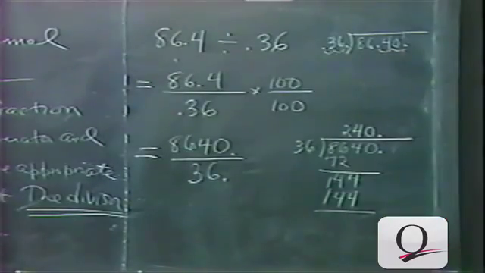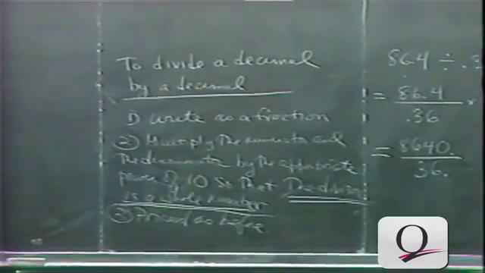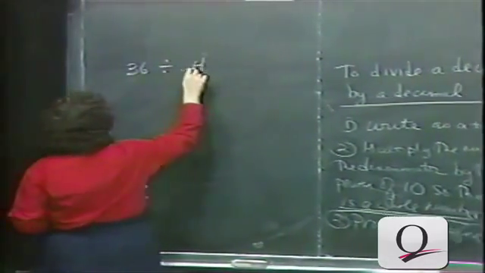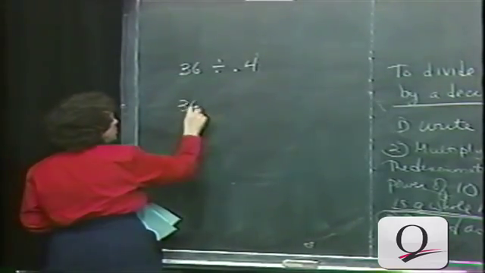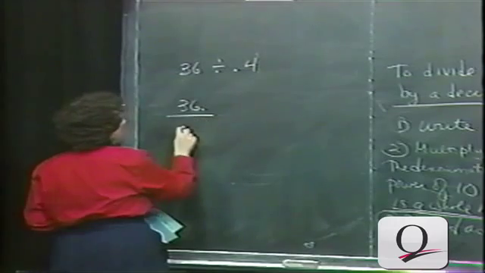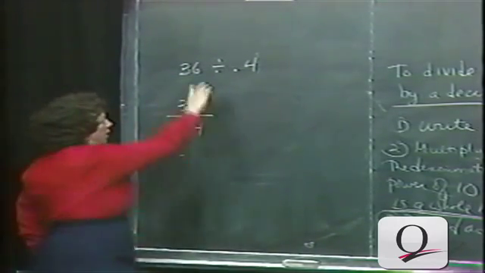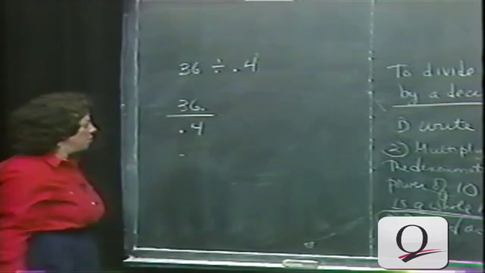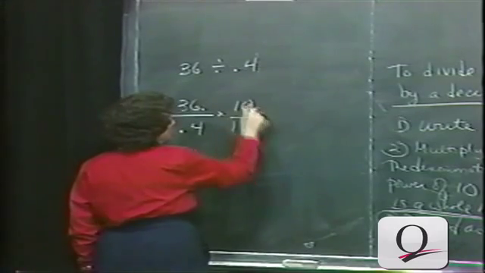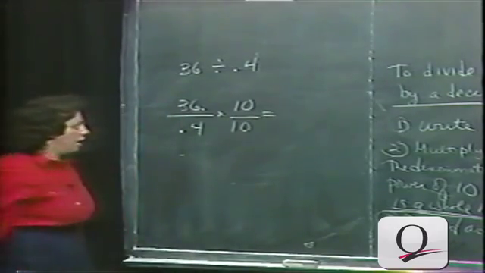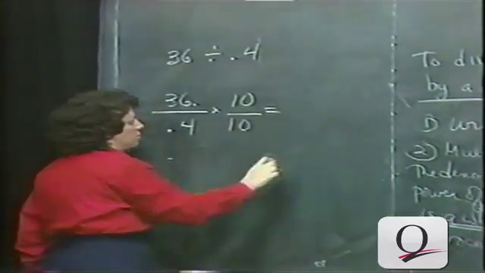Let's try some more examples. Say we have 36 divided by 0.4. This will be 36 point divided by 0.4. 36 had no decimal point, so we placed it right after the number. We will multiply numerator and denominator by 10, so that the denominator is now an integer. 0.4 times 10, move the decimal point 1 place to the right.